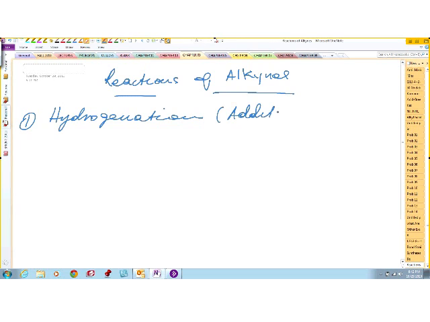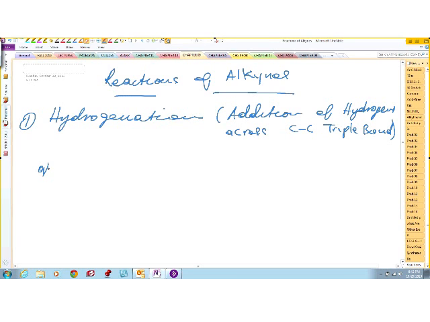Okay, so this is addition of hydrogens across the carbon-carbon triple bond. There are 3 types of hydrogenation I'm going to introduce to you. So let's just call this 1A, catalytic hydrogenation.